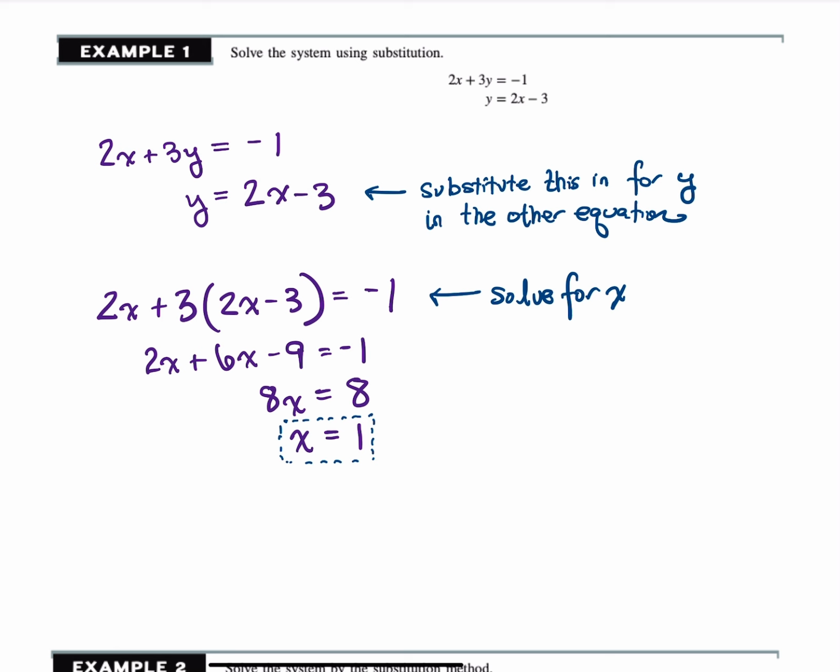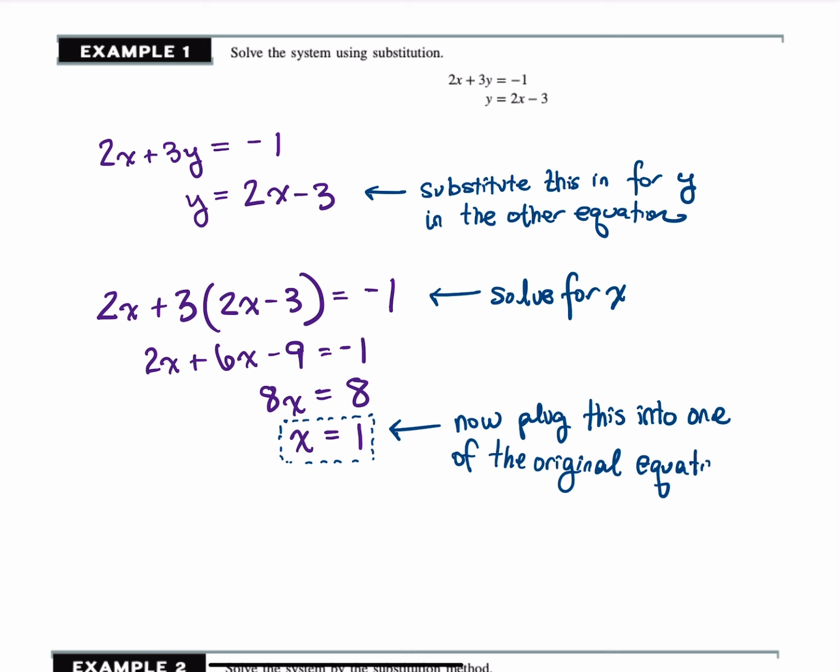So now that we have this, we can plug this in for x in either of the original equations. So I'll say now, plug this into one of the original equations. I'm going to take the second one because it was already solved for y. That will make things very easy.